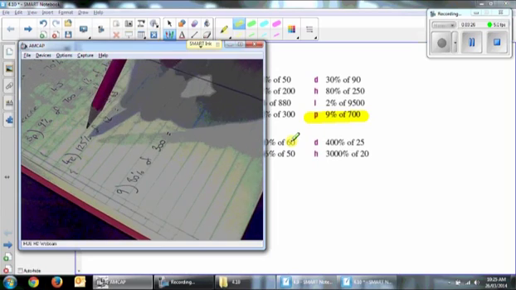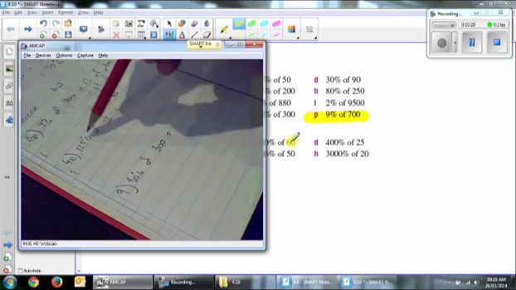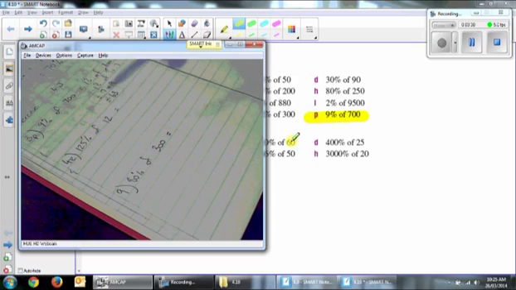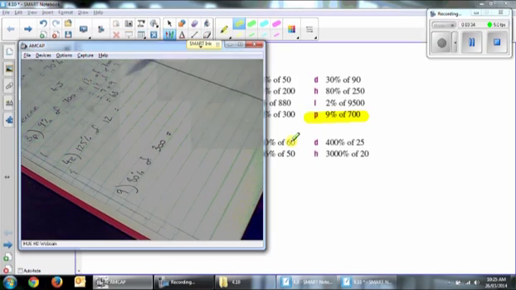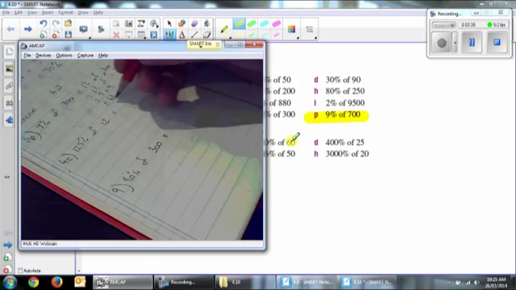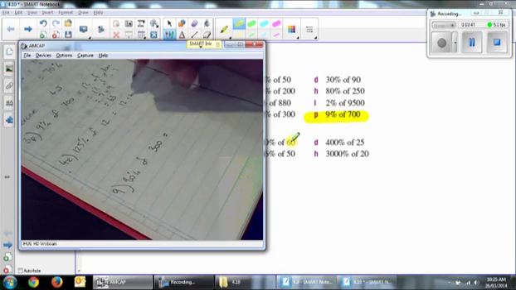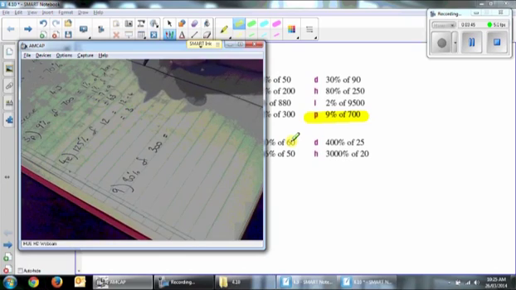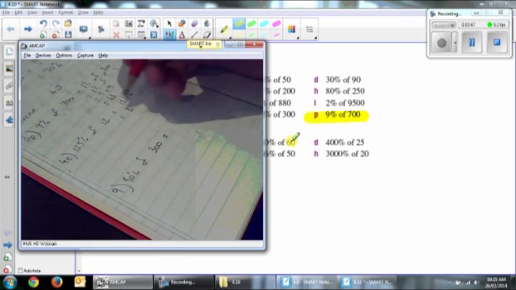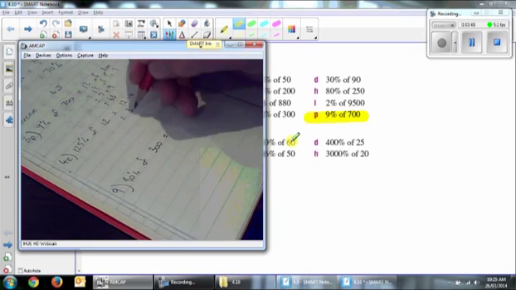Now, I know that I can find 100% of 12. 100% of 12 is 12. Okay, so let's just find 25% of 12. Okay, 25% is a quarter. So 12 divided by 4 gives us 3. 3, 6, 9, 12. Okay, then all I need to do is add my 12 on.